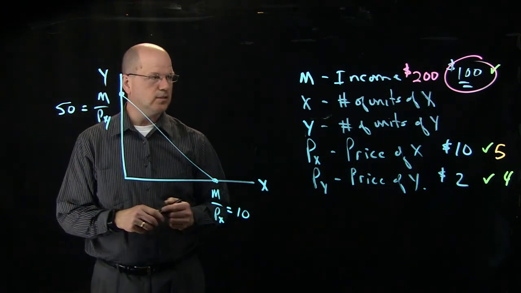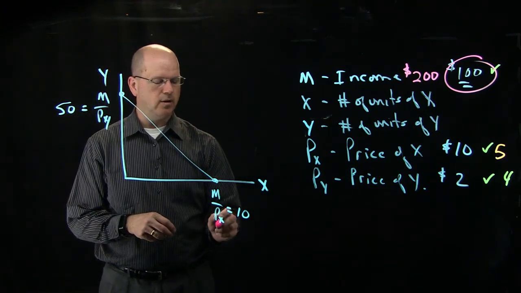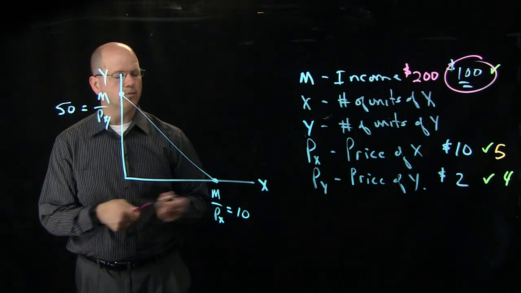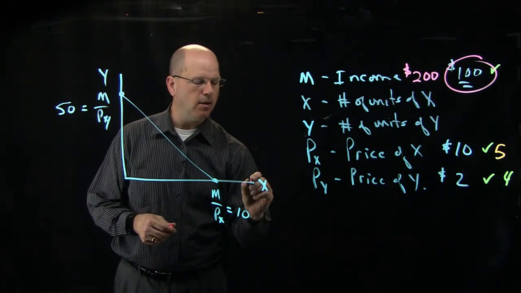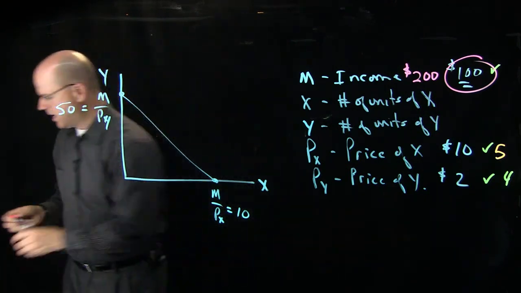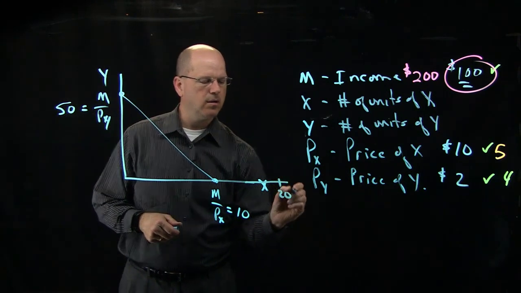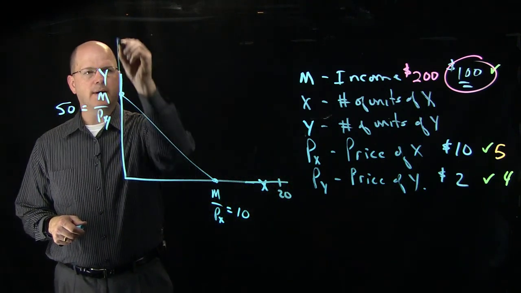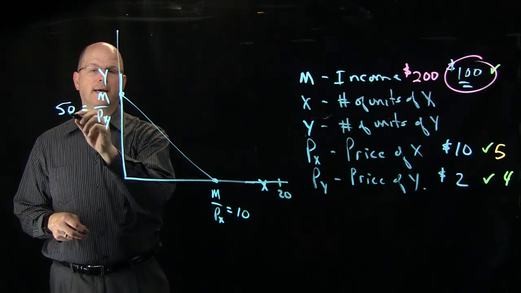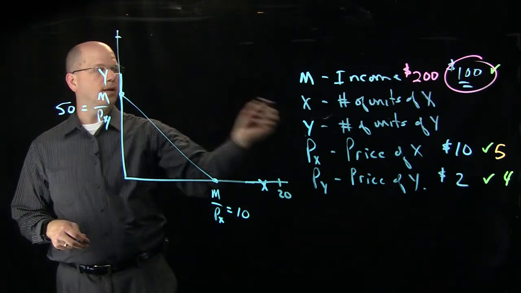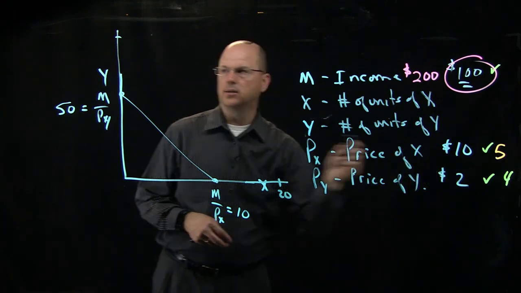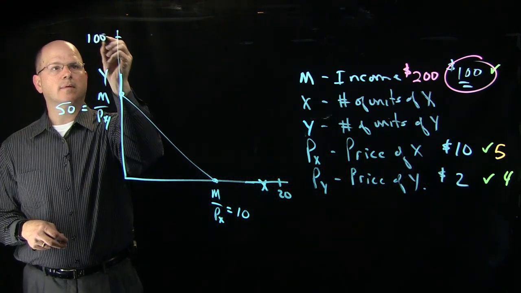The endpoints certainly do change. We have 200 divided by 10. So if we're only buying good X, we could now buy 20 units of good X. And if we're only buying good Y, instead of 50, we could buy 100. 200 divided by 2 is 100 units.